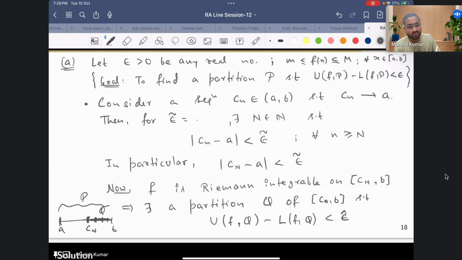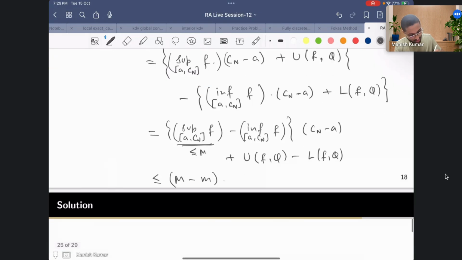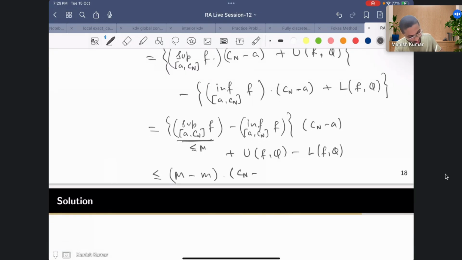So now it's time to choose what epsilon tilde I should choose. Okay, so let me first write this one, then we'll come to that. Cn minus A plus UFQ minus LFQ. Again, this I can make as small as I want, right?